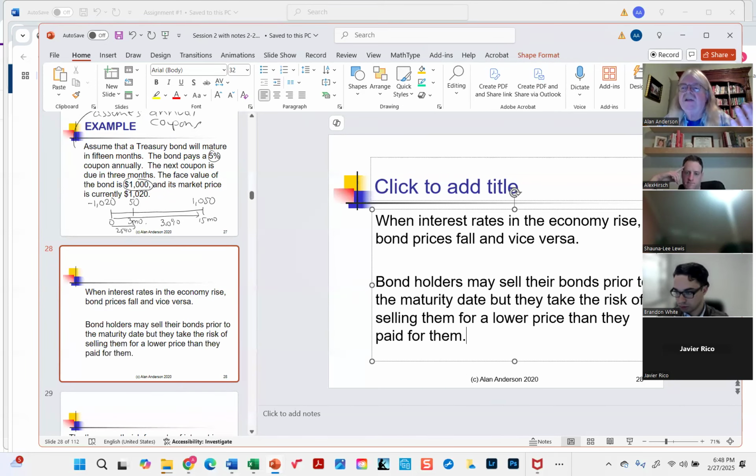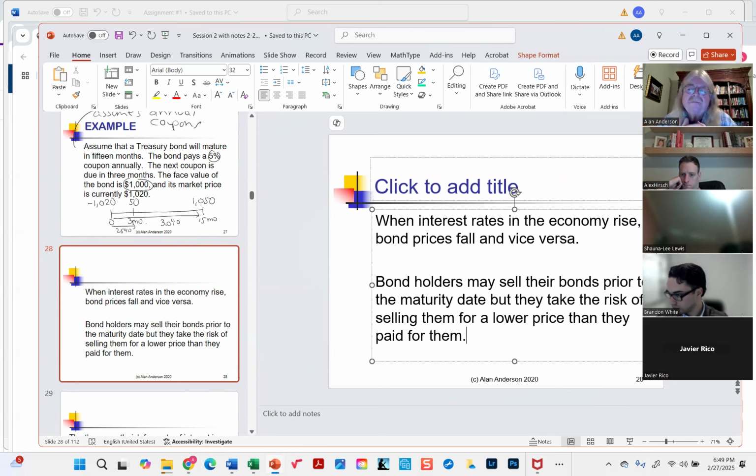Okay, in other words, imagine me buying $1,000 bond, hoping to keep it for 20 years. 10 years down the road, I need the money to fix my roof or something. So I sell the bond, and it's only selling in the market for $950. That's $50 that I'm going to lose because I sold it at a time when interest rates were rising.